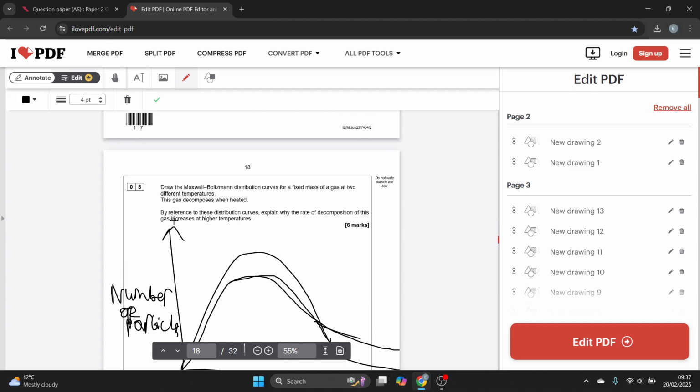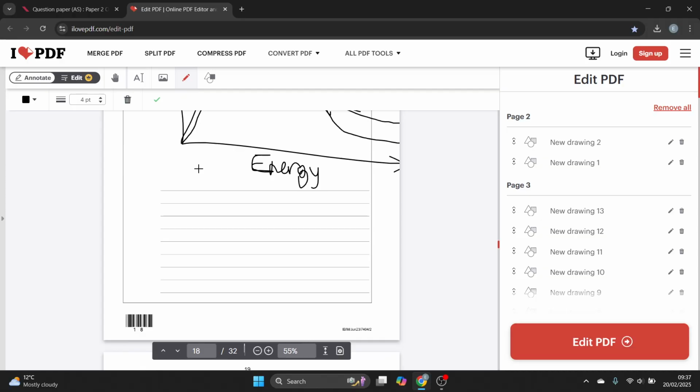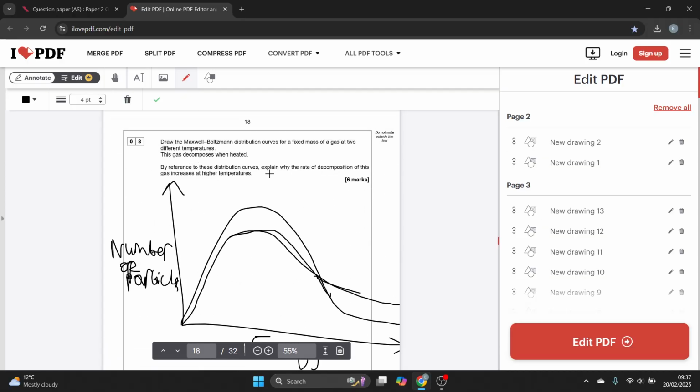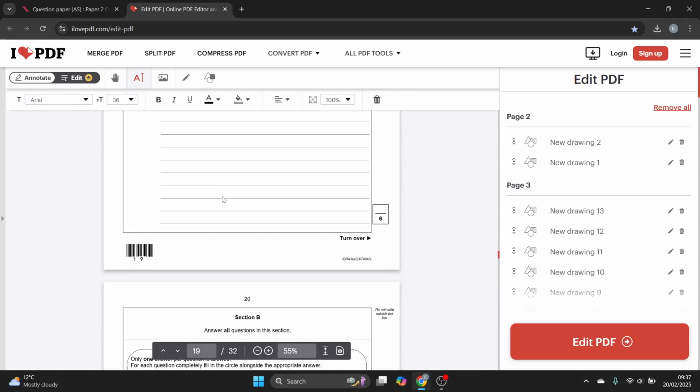Just copy the Maxwell-Boltzmann curve for your normal one, and then one at a high temperature, and that's it. And then the final part, why the rate of decomposition increases at high temperatures. It gives you a lot of space.